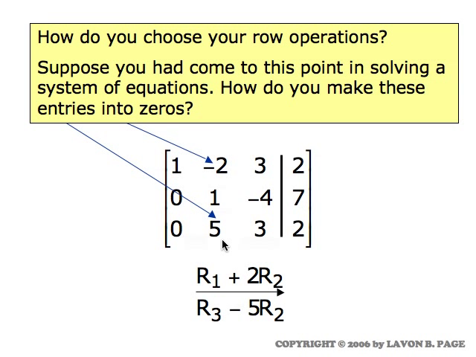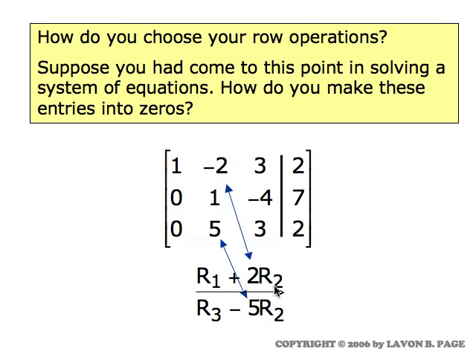So it really isn't very subtle. The reason this is a +2 is because that's a -2. The reason this is a -5 is because that's a +5. So when you're choosing your row operations, if you keep that pattern in mind, there really isn't much to think about. The -2 here determines the +2 in this row operation. The 5 here determines the -5 in this one.